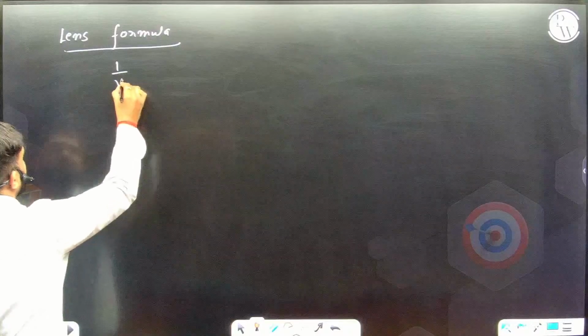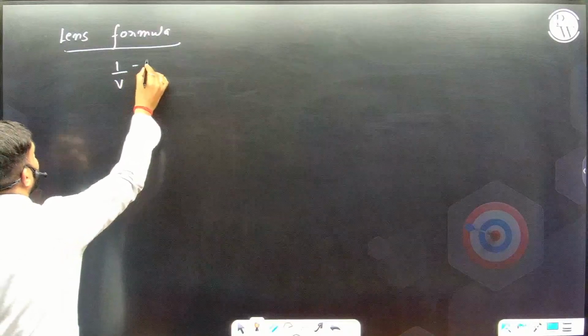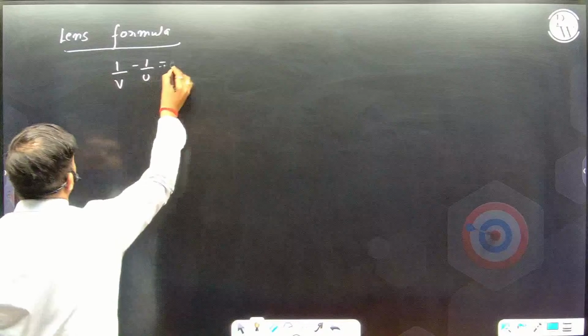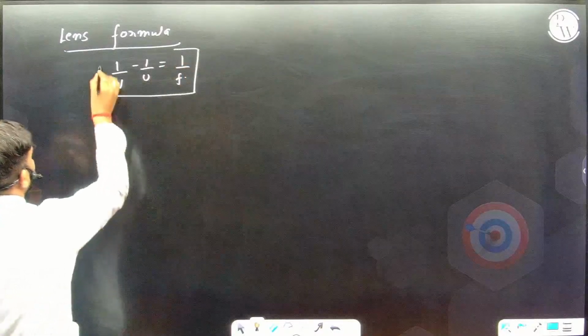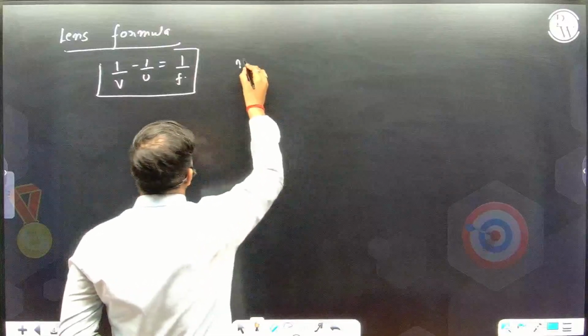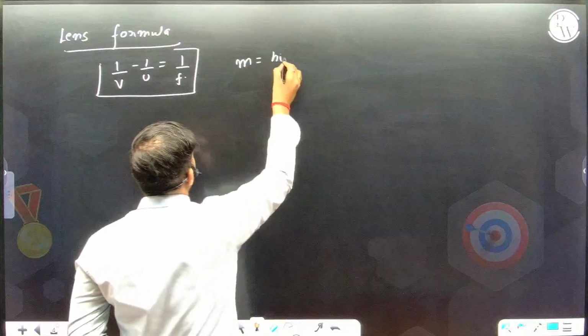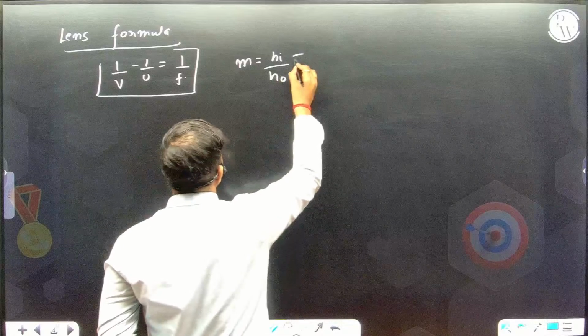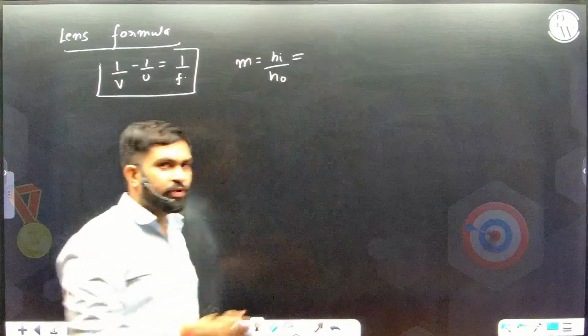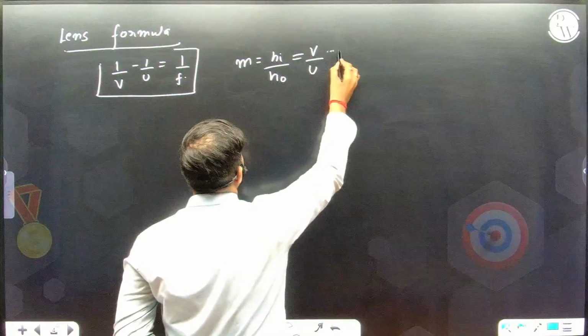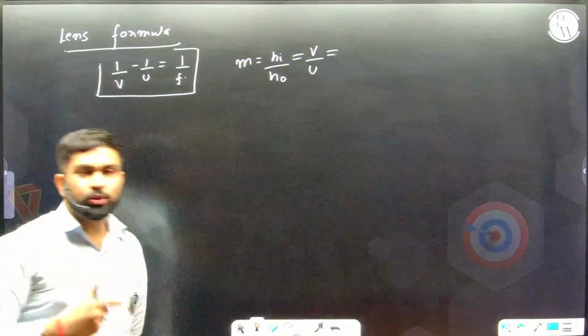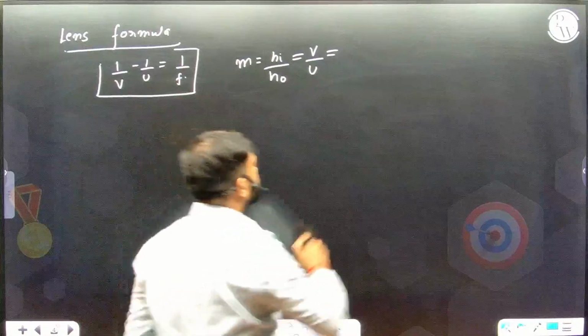So 1 by V as it is, but instead of 1 by U, I write minus 1 by U, equals 1 upon F. Magnification is HI upon HO. It was minus V by U, so minus V upon minus U will be plus V by U. Then we can convert it to the other formats of focal length also.